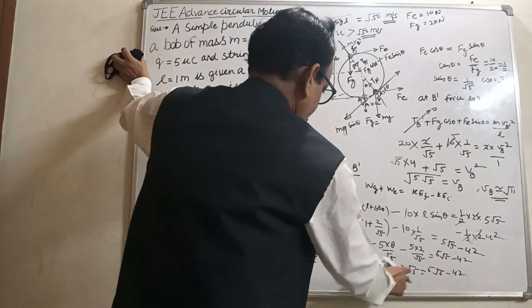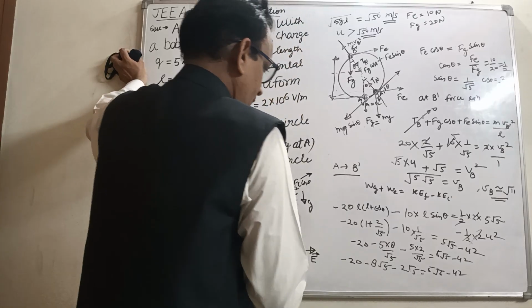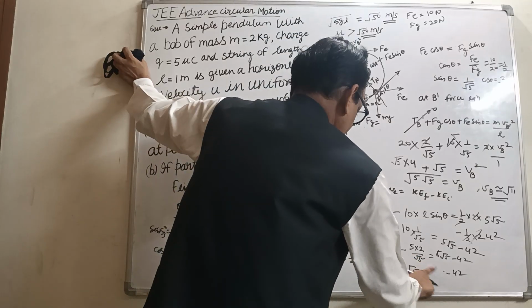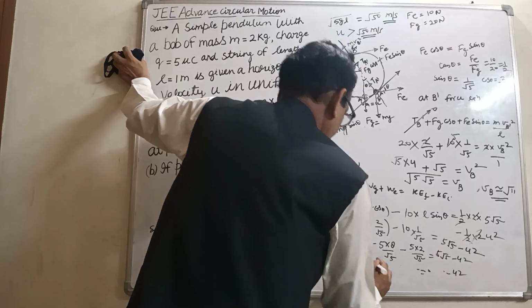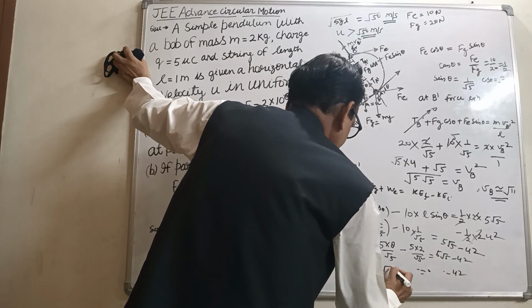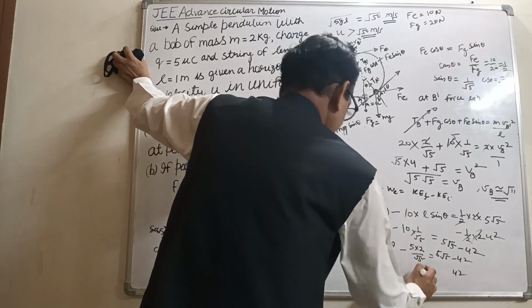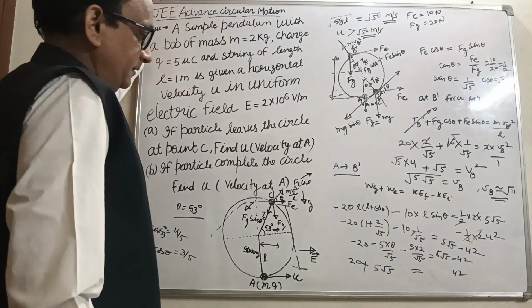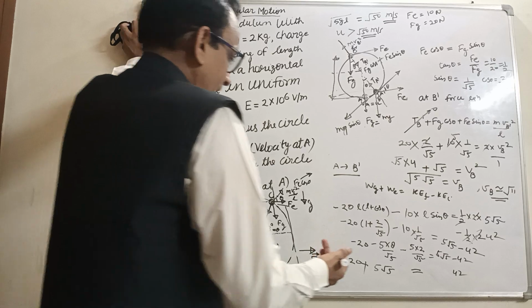So 10 root 5, minus 5 root 5, so this becomes 20 minus 5 root 5. Removing the minus sign from here, this becomes plus. So u square equals 20 plus 5 root 5.